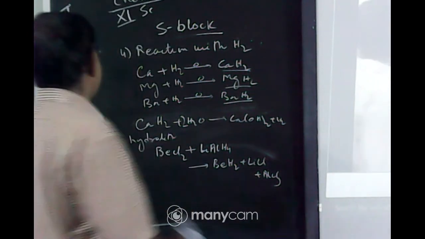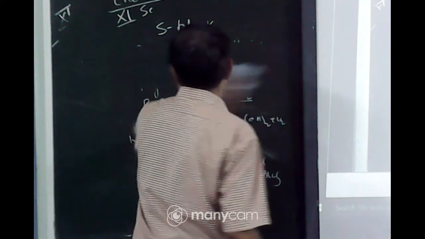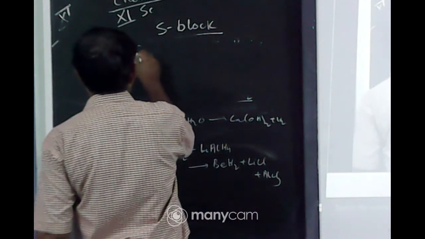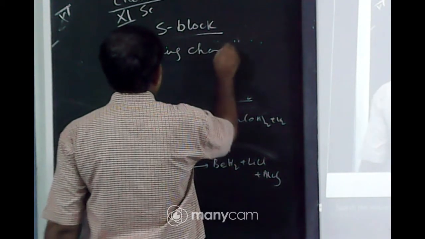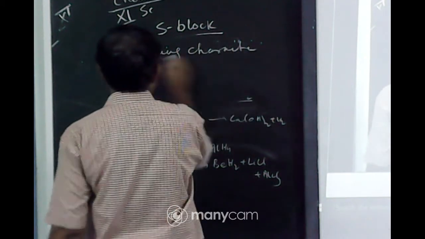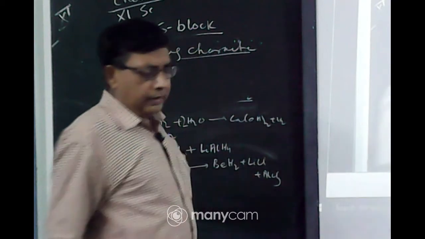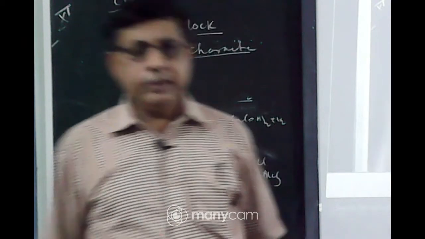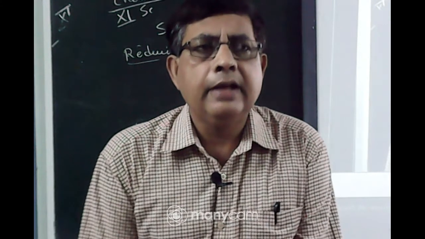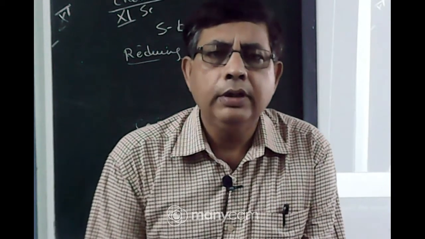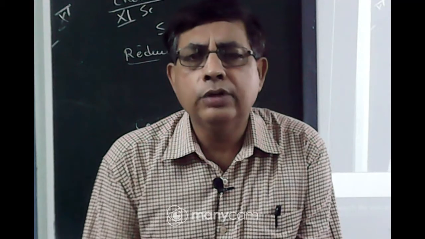Now, next reaction, reducing character. All the alkaline earth metals are good reducing agents except beryllium. Like alkali metals, alkaline earth metals are also good reducing agents. Why do they act as good reducing agents?